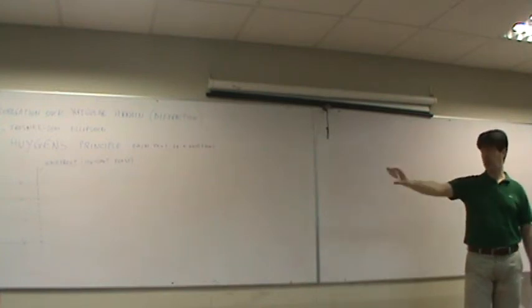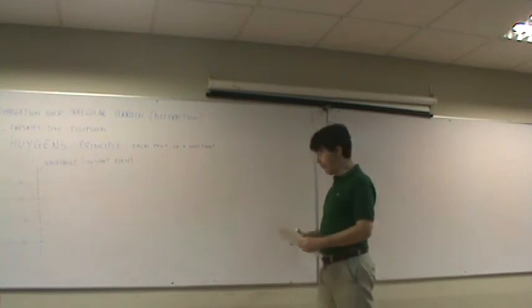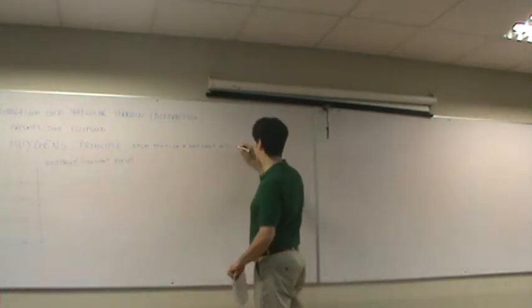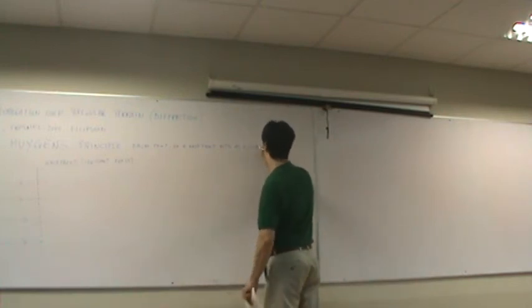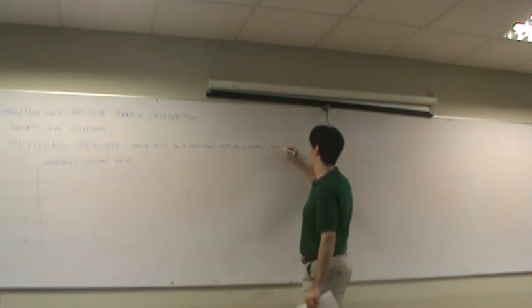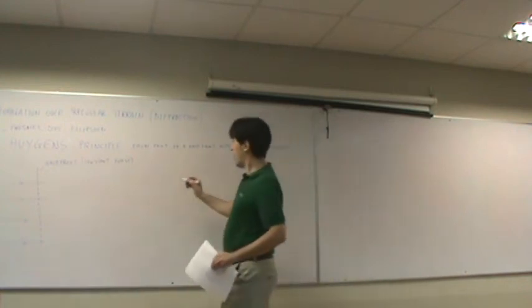There is nothing there, it can be vacuum. But each point of the wavefront acts as a source, in other words like a small antenna, of a secondary wavelet.